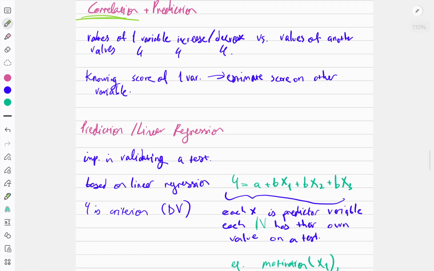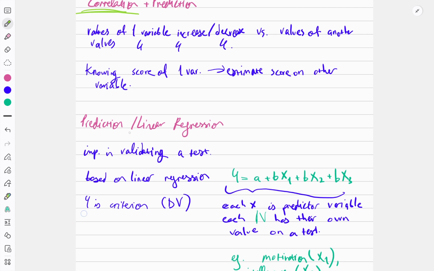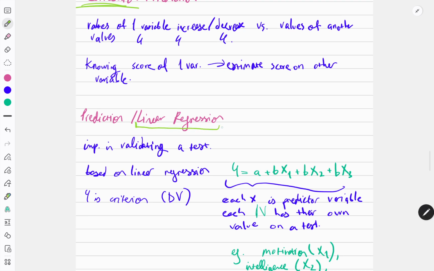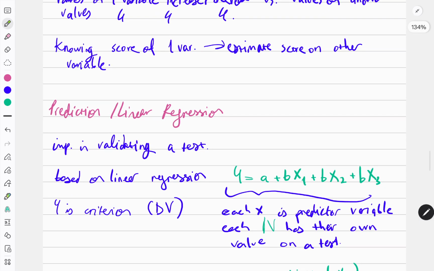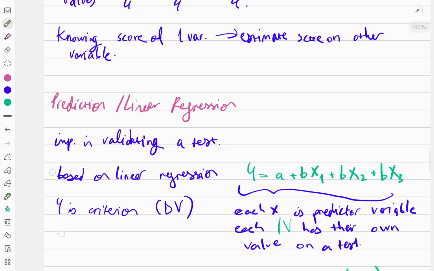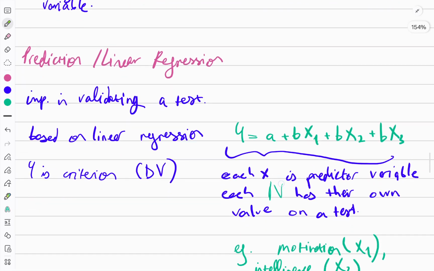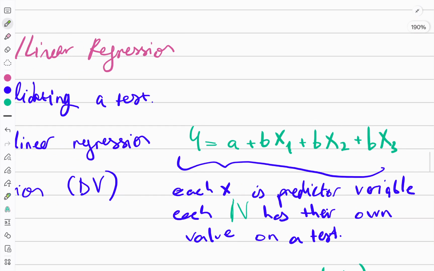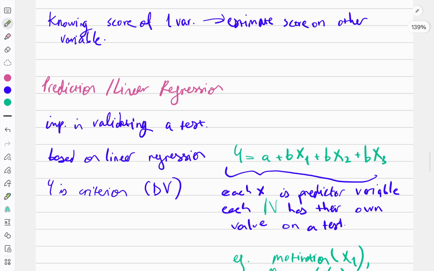So prediction, or we can also call it linear regression, is important in validating a test. We have a certain formula for this.